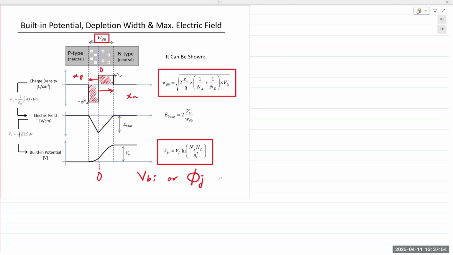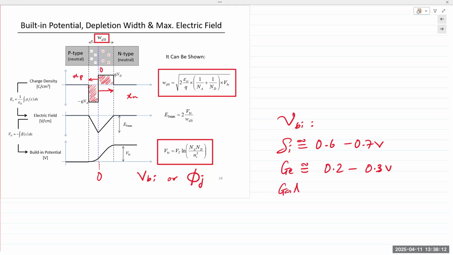For silicon, it's approximately 0.6 to 0.7 volts. For germanium, it's about 0.2 to 0.3 volts.